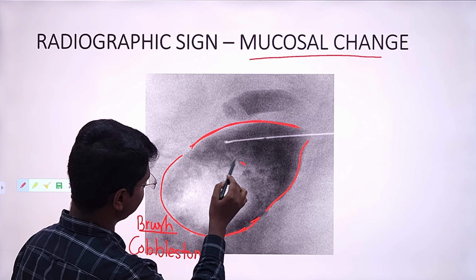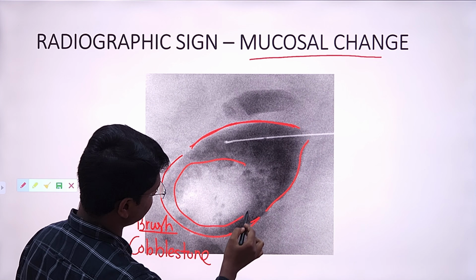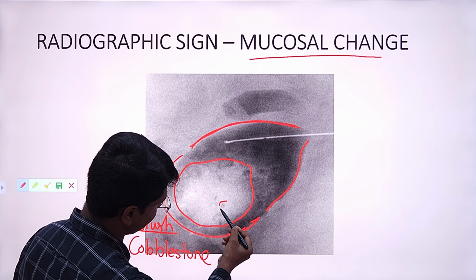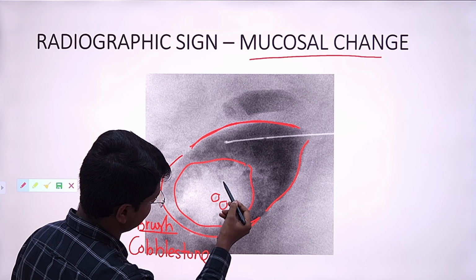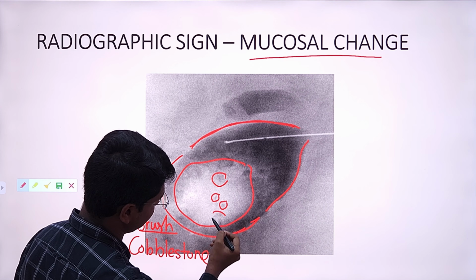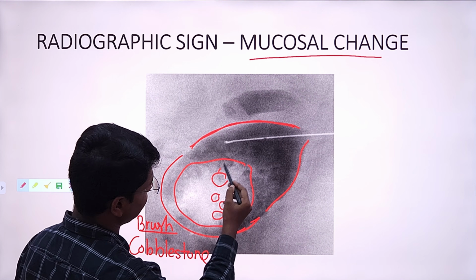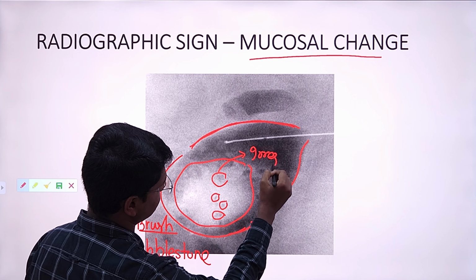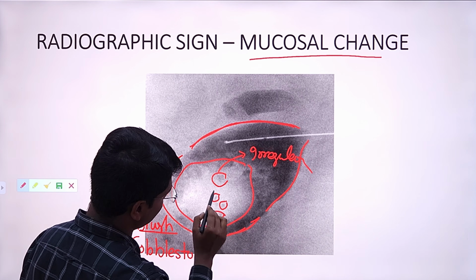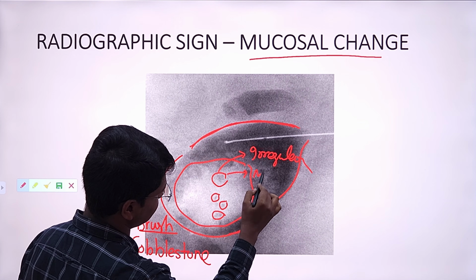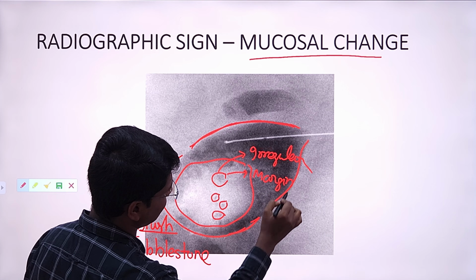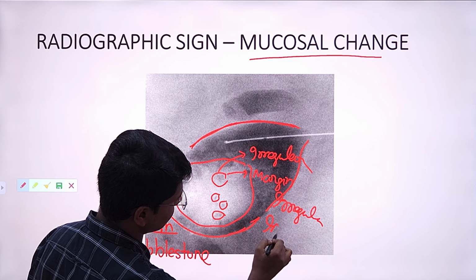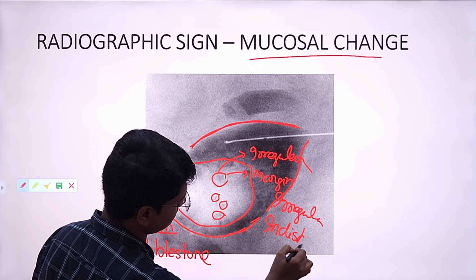Now here you see the positive contrast. Can you see some filling defects here, here, here, here? The shape of the filling defects is irregular, and the margins are also irregular and indistinct.